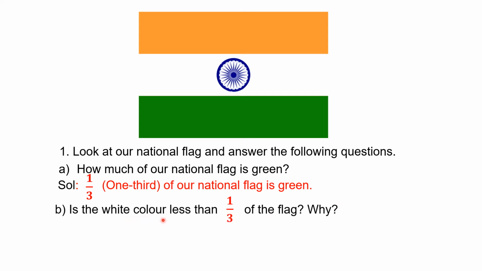Is the white color less than 1 by 3 of the flag? Why? Look at this white portion. It is in the middle of our flag. In the middle of the white portion, you can see a blue wheel. It is Ashoka's Dharmachakra.